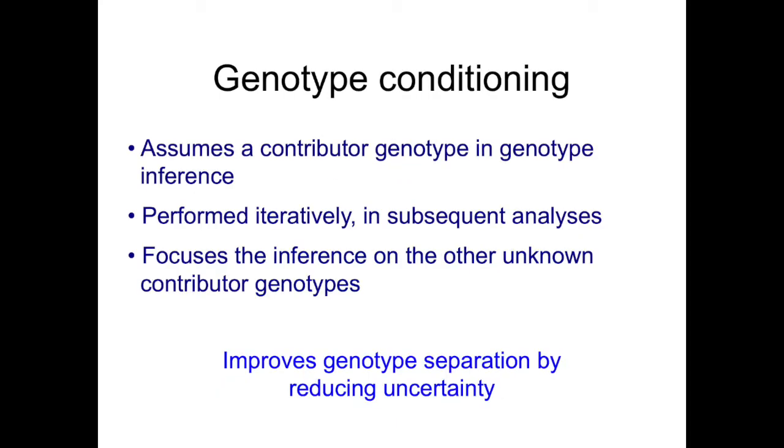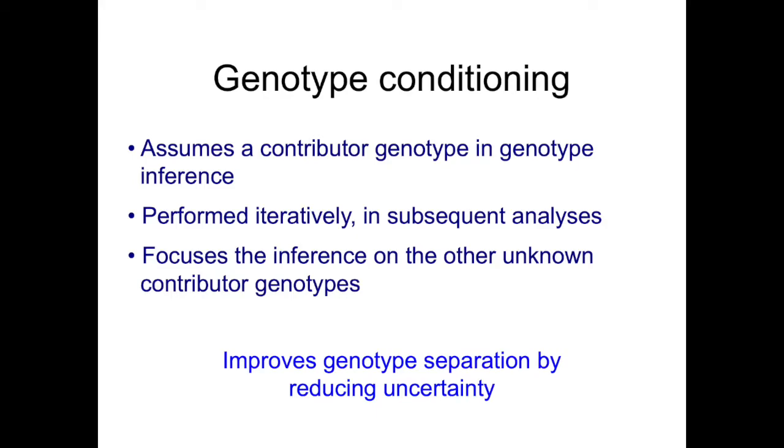Well, we can do this by using a process called genotype conditioning or genotype peeling. So in genotype inference, conditioning assumes a statistically established contributor genotype. The conditioning process is performed iteratively and in subsequent analyses of the same mixture data. So within each analysis, a contributor genotype is assumed using known reference samples that remain constant throughout a computer run.